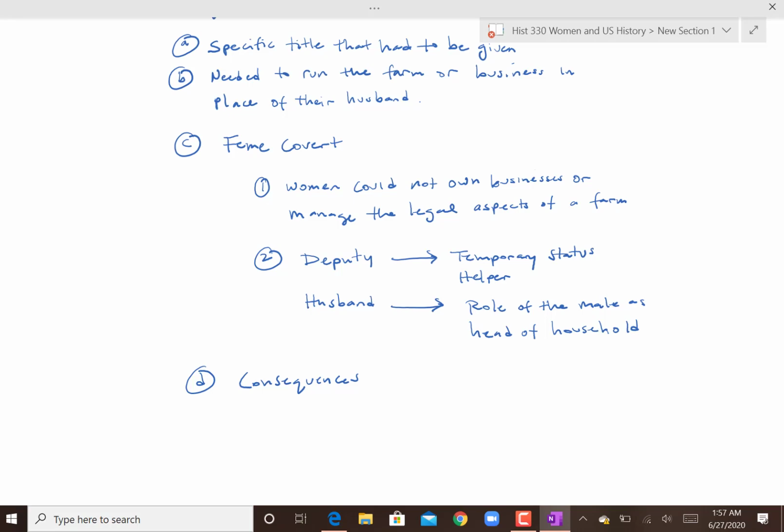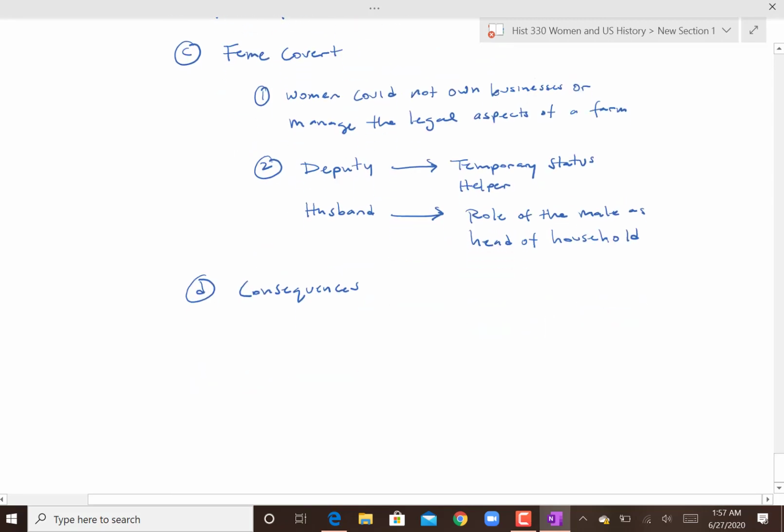Likewise, if you were a merchant and you were going to war, you needed your wife to be a deputy husband so she could run the business legally. And no one could come in and take it from her or abuse the system. It gave her the legal authority to control the employees, to have the authority to do whatever she needed to do to run the business. So the consequences of this were a couple things. And we see a variety of responses.